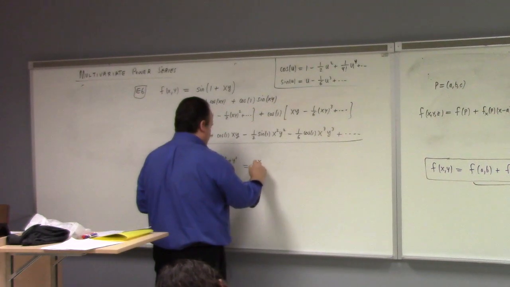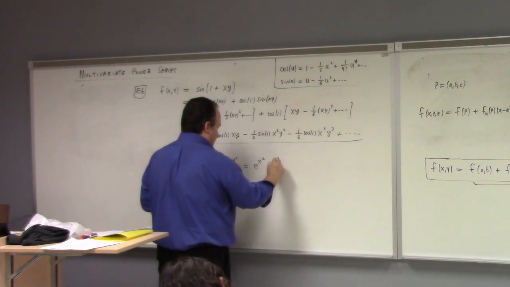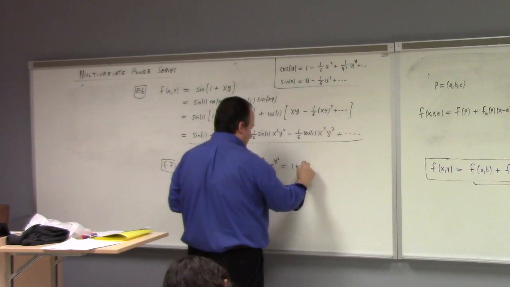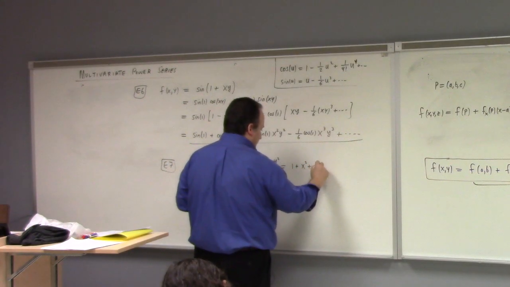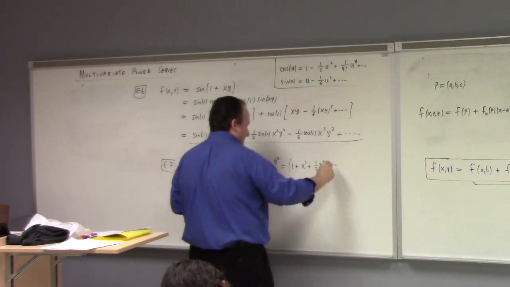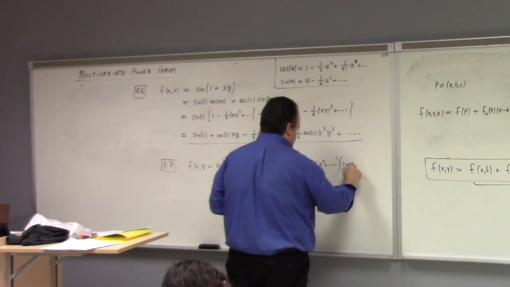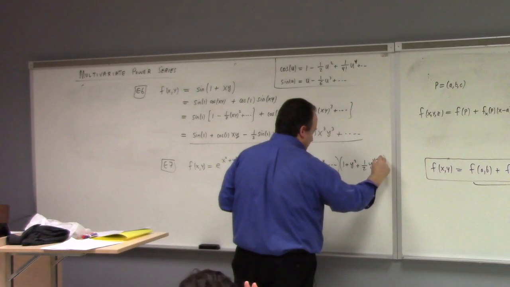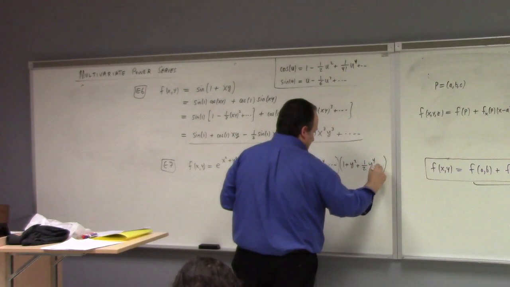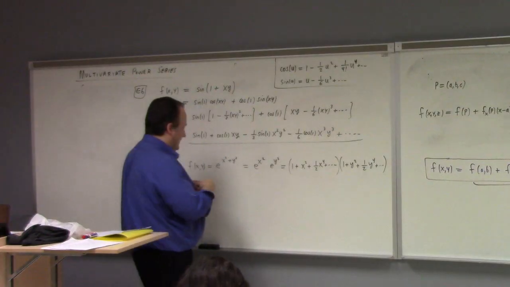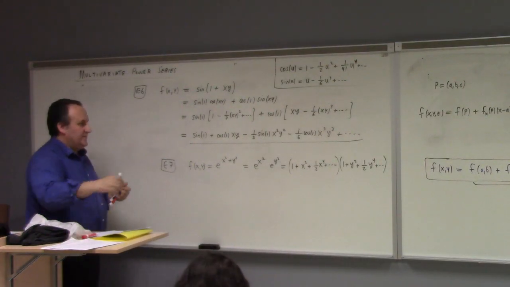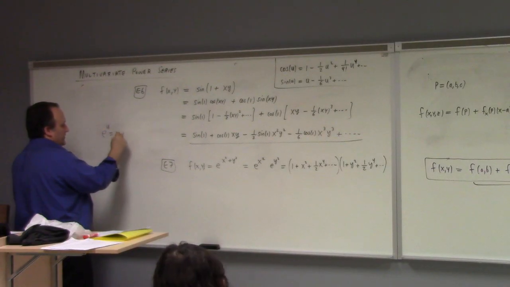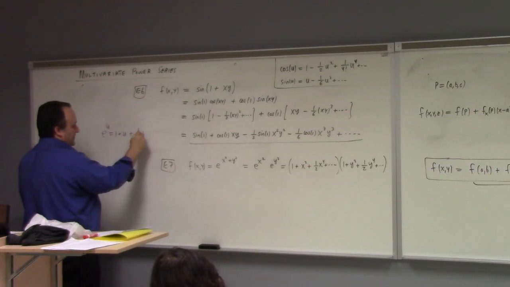So this is e to the x squared times e to the y squared, and then that is like 1 plus x squared plus 1/2 x to the 4th plus dot dot dot. Likewise, 1 plus y squared plus 1/2 y to the 4th plus dot dot dot. I'm making a substitution into e to the u is 1 plus u plus 1/2 u squared, all right?